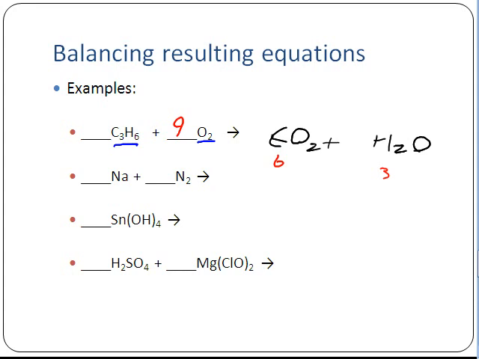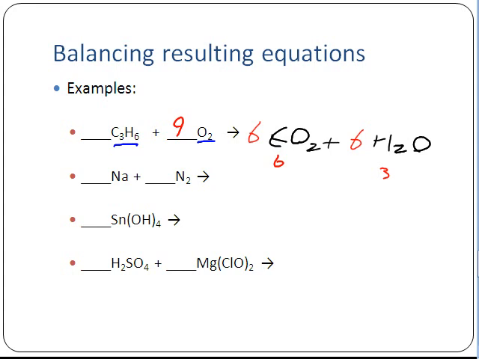We have 18, which means that instead of having 3 carbons out here, we're going to have 6 to start with right here. And instead of having 3 out there, we're going to have 6 right here. And so if we do this, now, make sure that I'm working this out right, we have 9 times 2 gives us 18 over here.